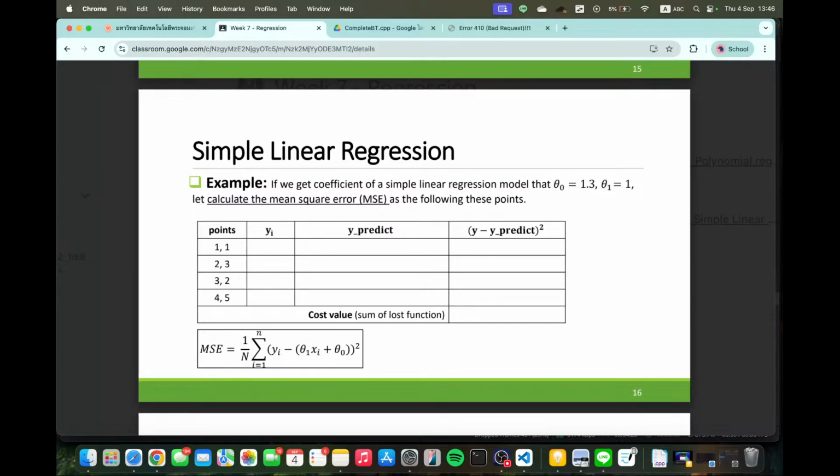Okay. And the second one is 3, right? 3 minus the predicted output. How much?